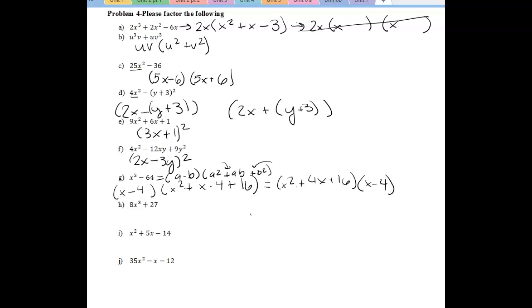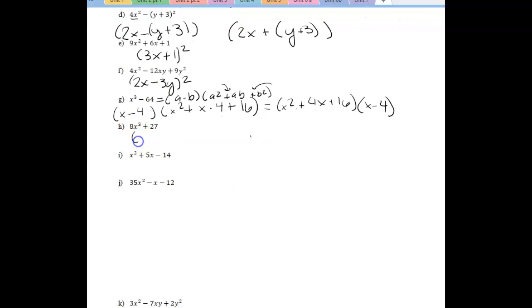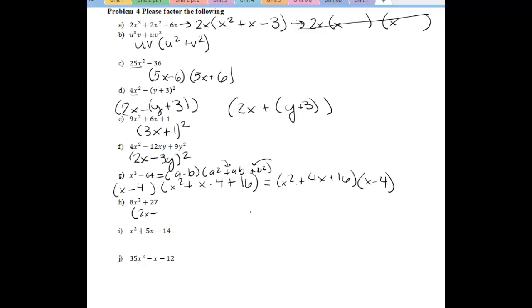Okay, so a, which is going to be 2x, minus, so I've got 2x plus b, which is going to be 3, times the quantity of a squared minus ab, which is going to be 2 times x times 3, which is going to be 3, and then plus 9, because that is that sum of cubes.